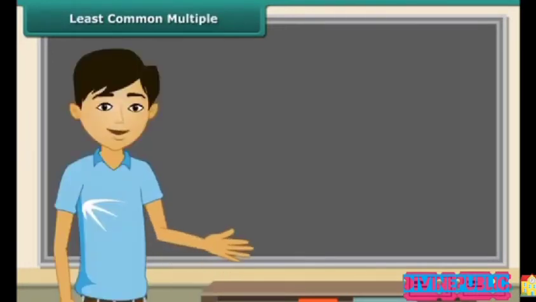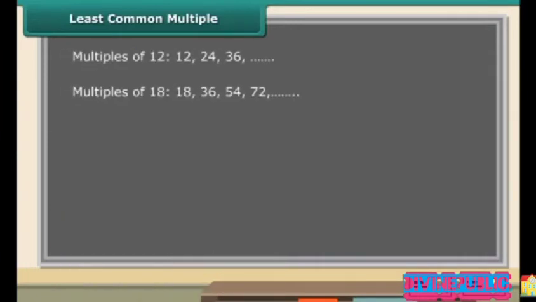Recall that common multiples of two numbers are those numbers which are multiples of both the numbers. Let us now use this knowledge to find the least common multiple of two numbers. Consider the two numbers 12 and 18. The multiples of 12 are 12, 24, 36 and so on. Similarly, the multiples of 18 are 18, 36, 54, 72 and so on.